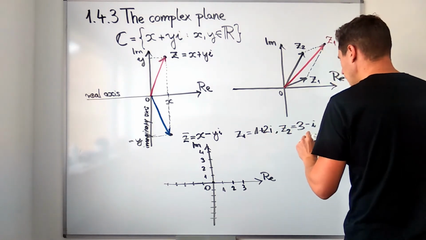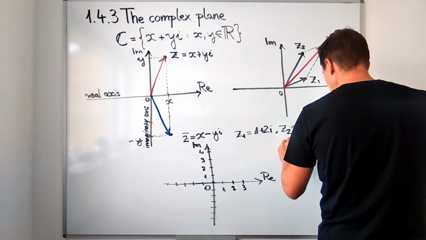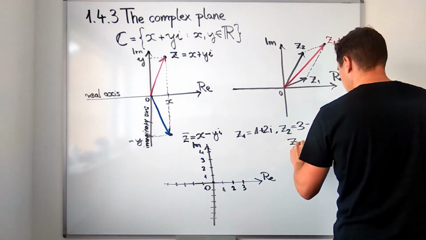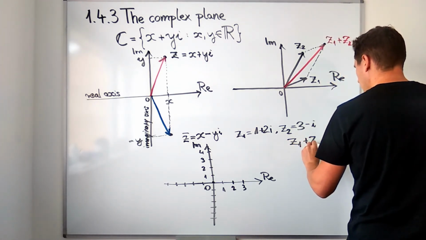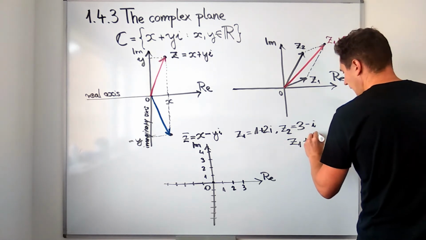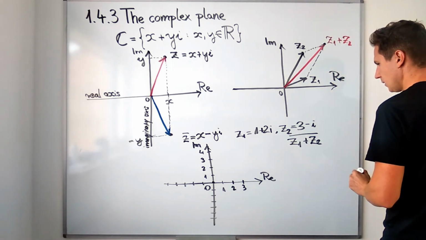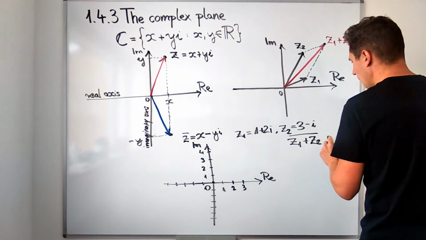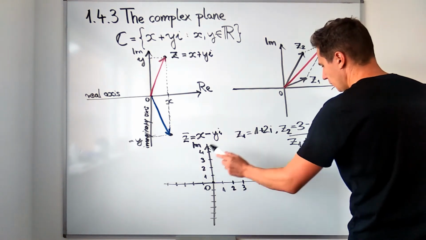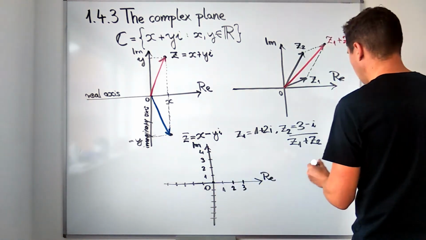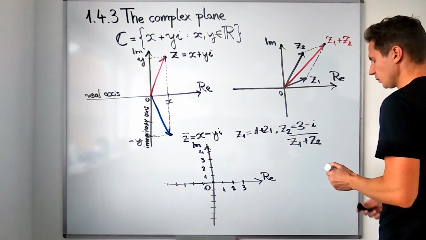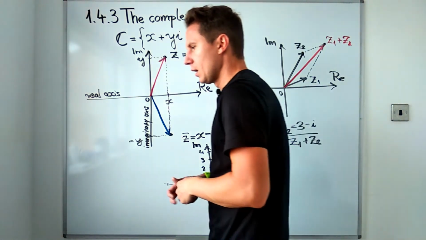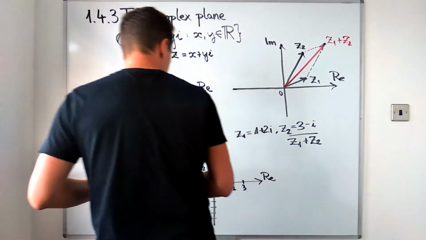and I want you to calculate the sum of z1 and z2, then take its complex conjugate and put this complex conjugate on the complex plane. So where is it in the complex plane? And I'm going to give you a few options.